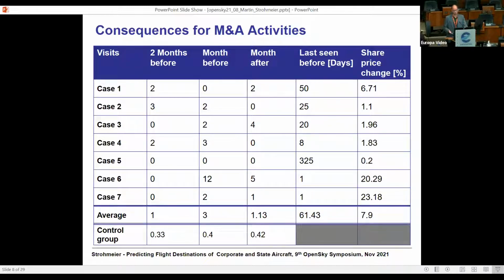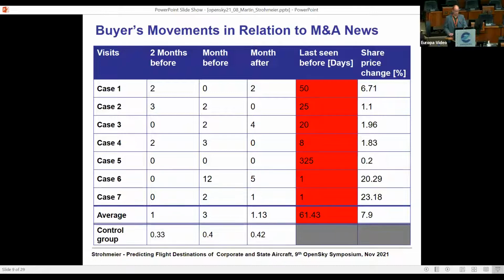As you can see here, in 6 of the 7 cases, there was a good signal where, like, the buyer of one corporation went to the target's headquarters and close by. So within sometimes a week before the merger announcement or within the month before.